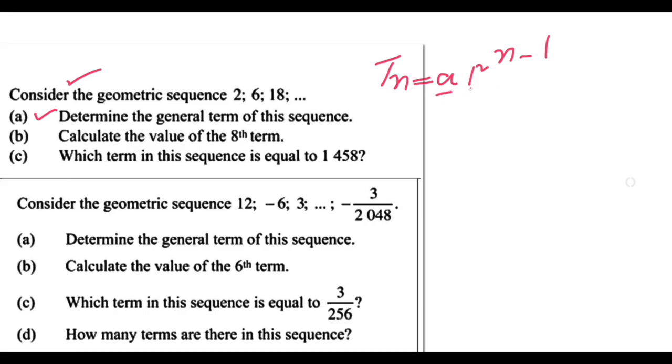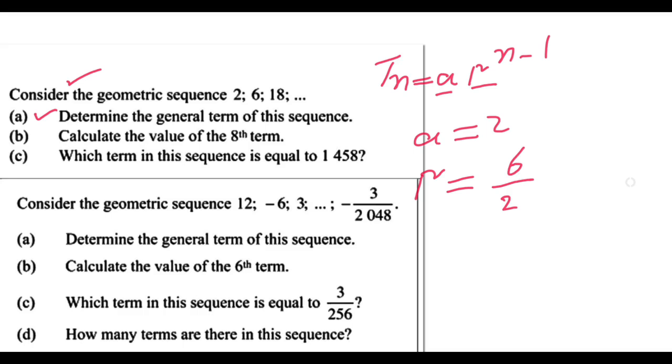So we need A and the ratio. The first term A is 2, and now we find the common ratio: 6 divided by 2, term 2 divided by term 1.